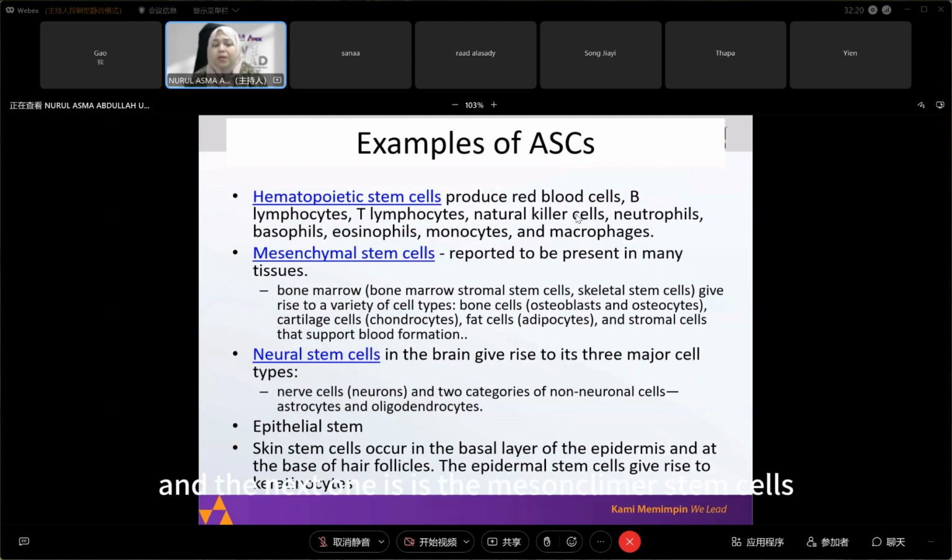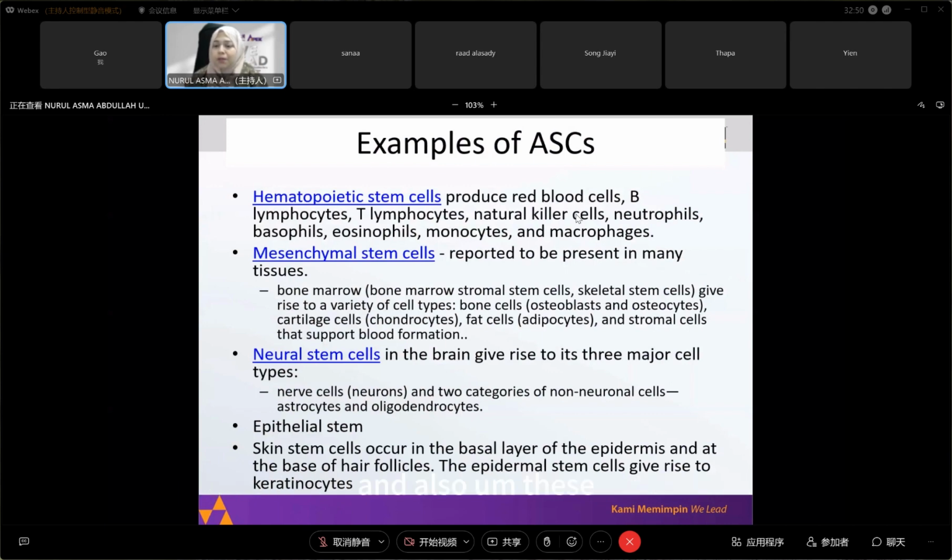The next one is the mesenchymal stem cells, reported to be present in many tissues. This mesenchymal stem cell is a type of stem cell that I use in the lab. These mesenchymal stem cells are largely reported to be isolated from the bone marrow, via the bone marrow stromal stem cells or skeletal stem cells.